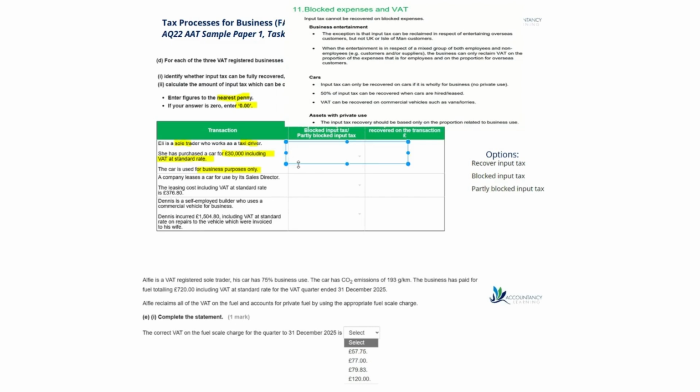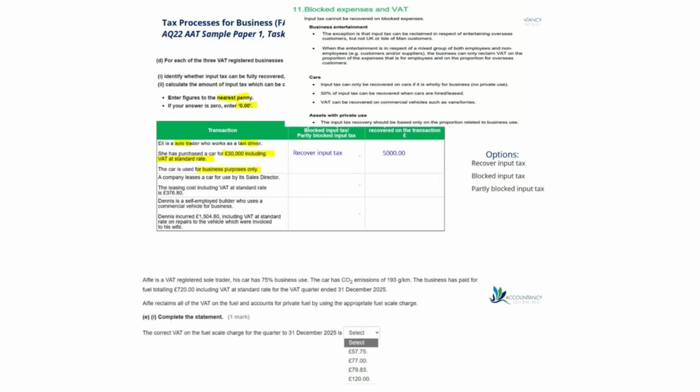So this one is for business use, so we can recover input tax on that one. And so 30,000 is the VAT inclusive price. So we now need to work out what the VAT is on that. So divide by 1.2 times by 0.2 if you prefer decimals. Divide by 120 times by 20 or your own preferred method. So that gives us 5,000 that we can recover.